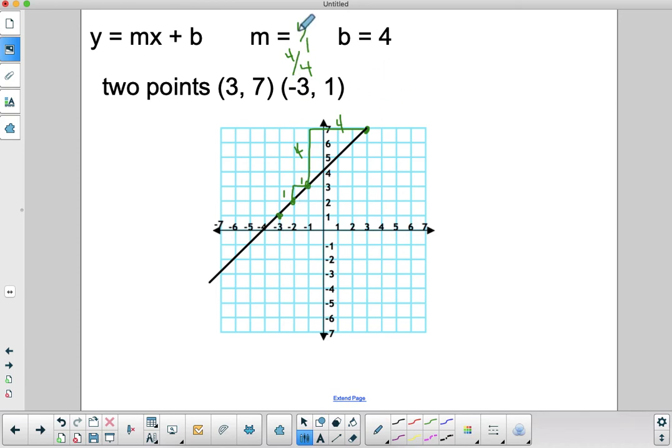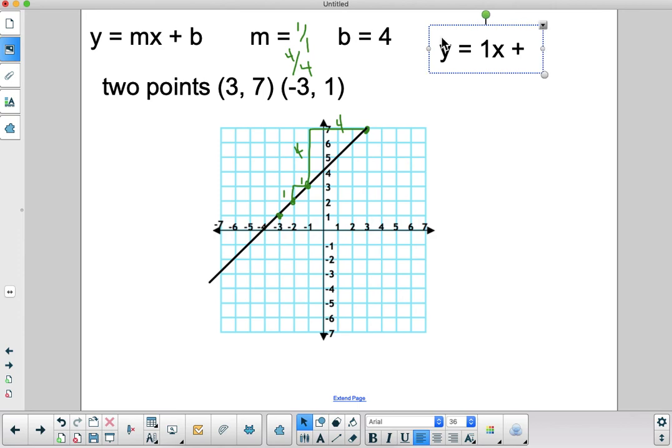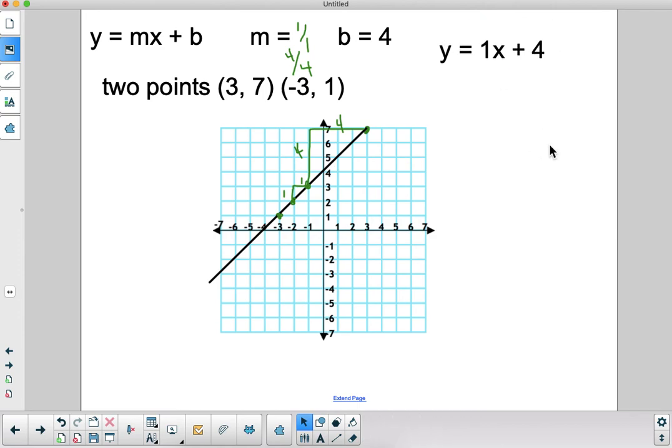Now, we just take this letter m and substitute it for 1. We take b and substitute it for 4, leaving us with the equation y equals 1x plus 4. The way that I get from having this number to having this equation is I'm just substituting whatever number I get here for that letter m.